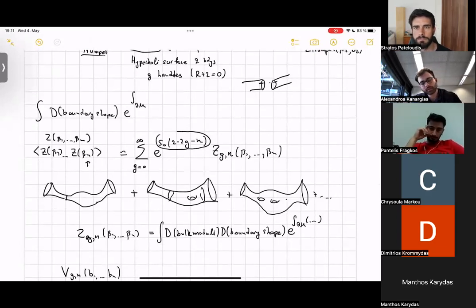Because of the number you get in front from the topological term in the action, the higher genera are suppressed. Okay, thank you.